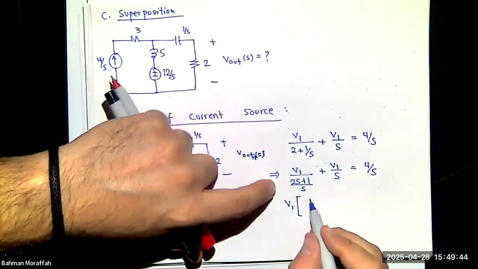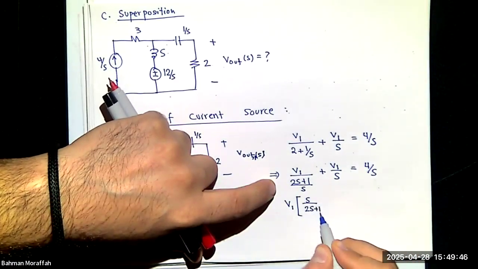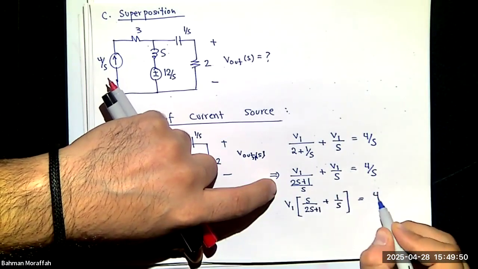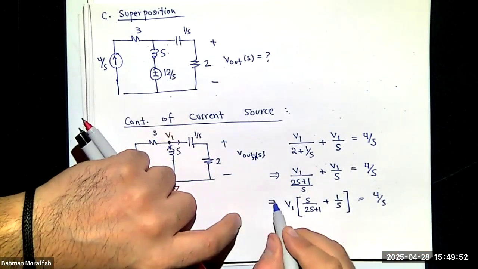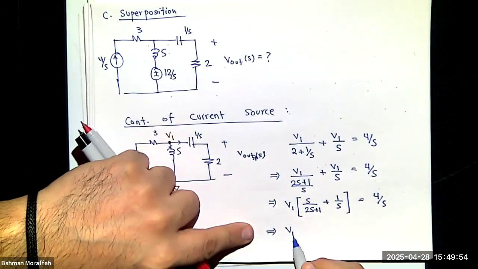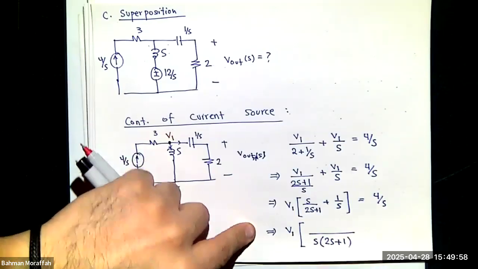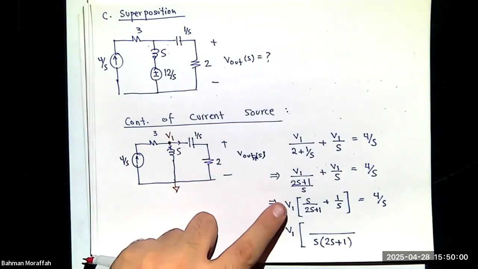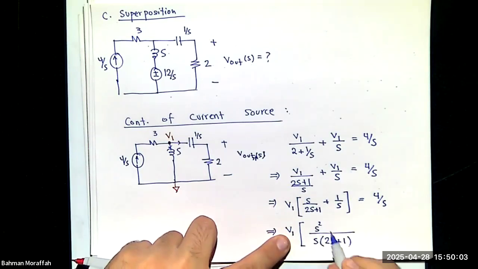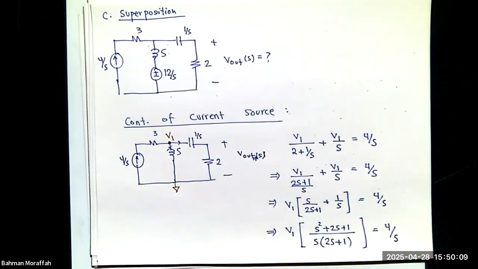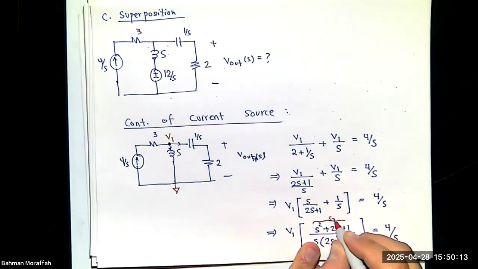I have S divided by 2S plus 1, plus 1 over S, equal 4 over S. I can simplify a little more. I get S times 2S plus 1. Right? So I have S squared plus 2S plus 1. That is 4 over S. Right? Again, remember this is S plus 1 squared.